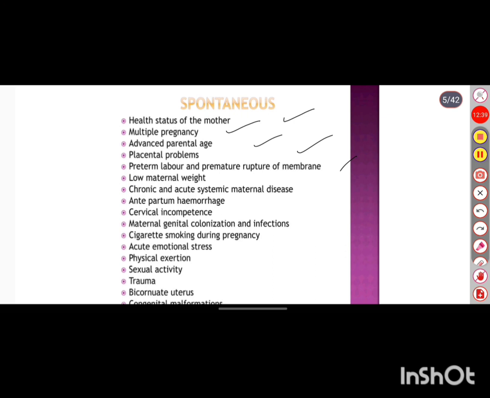It may also be because of low maternal weight, chronic and acute systemic maternal disease, antepartum hemorrhage, cervical incompetence, maternal genital colonization and infections, cigarette smoking during pregnancy, acute emotional stress, physical exertion, or trauma. Bicornuate uterus is a congenital condition affecting the uterus.